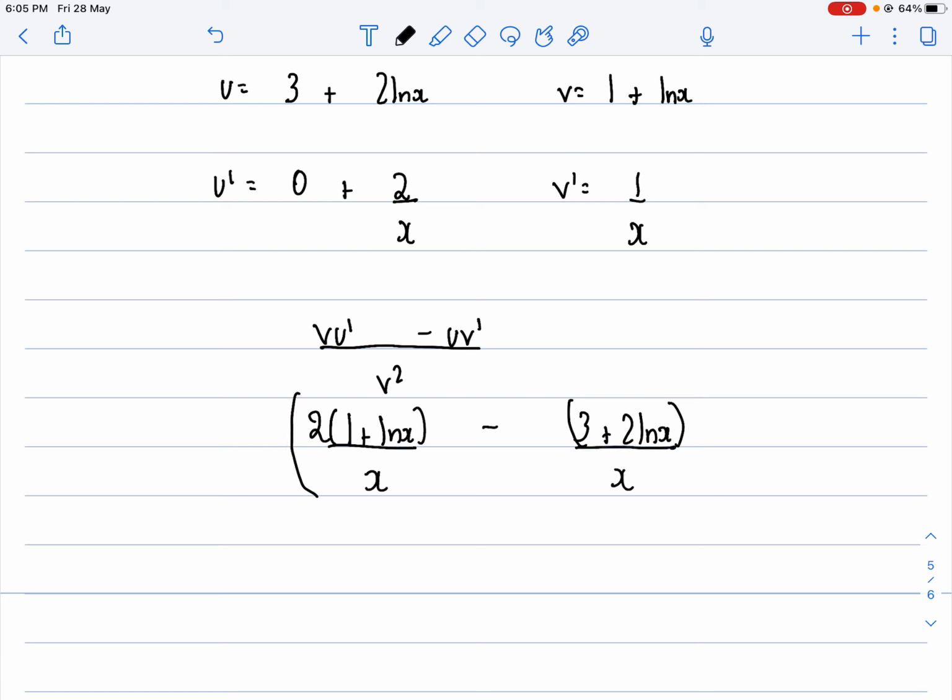And I know this full thing here is divided by simply v square, which is (1 plus ln x) the whole square.